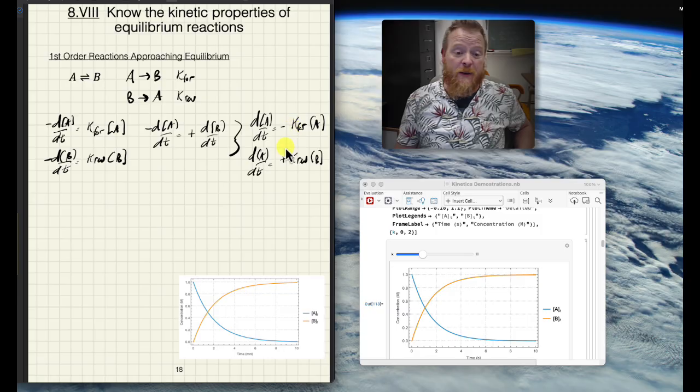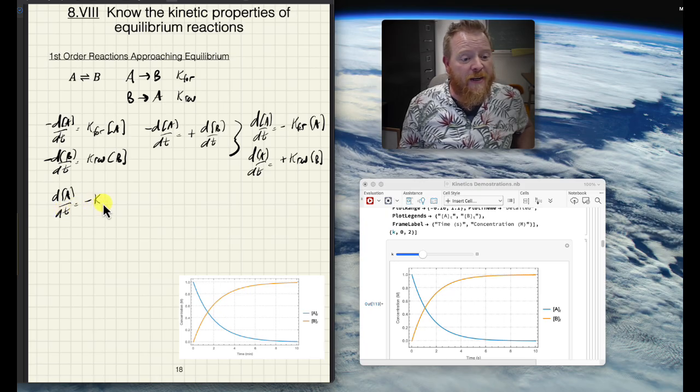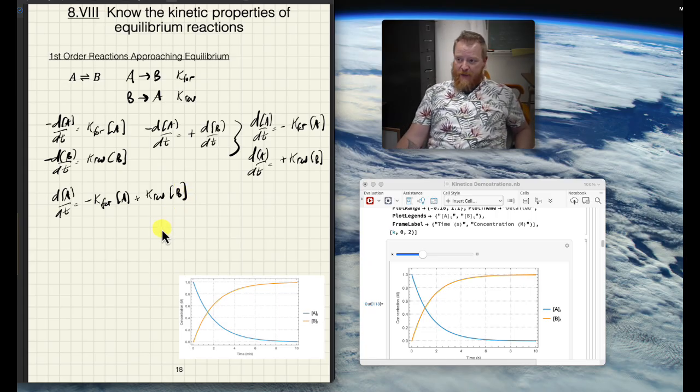Both rates will happen at the same time, so we have to combine those. And when we combine those, we get the following: dA by dt equals negative K forward times the concentration of A plus K reverse times the concentration of B.